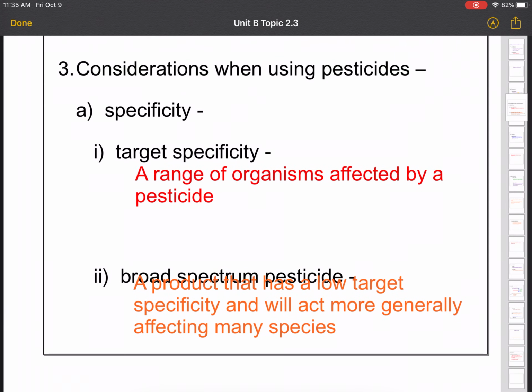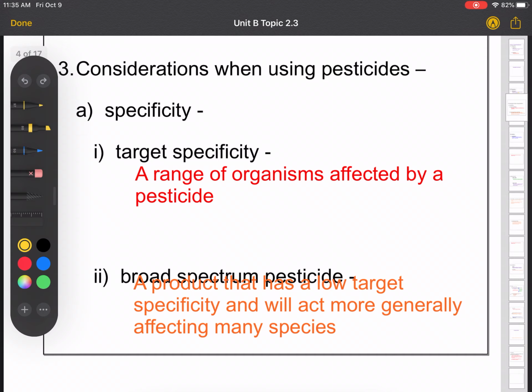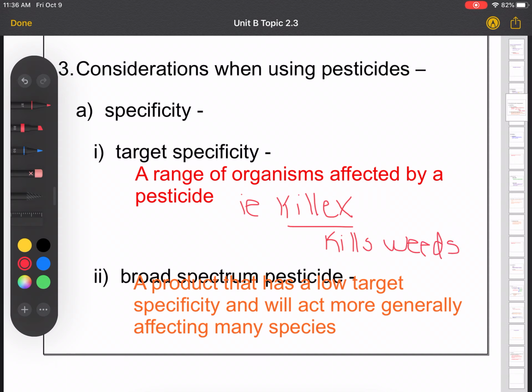I know this from using it in the summer. A target-specific example that I use on my lawn is called Killex. I don't know what the chemical in Killex is, something glyphosate, I believe. That's the brand of it, and it kills weeds in your lawn. Broadleaf weeds is what it actually says on the packaging.